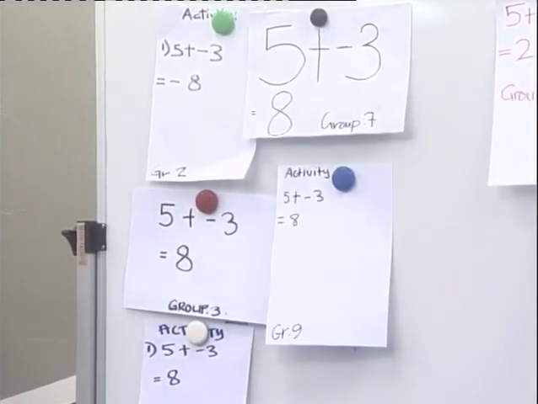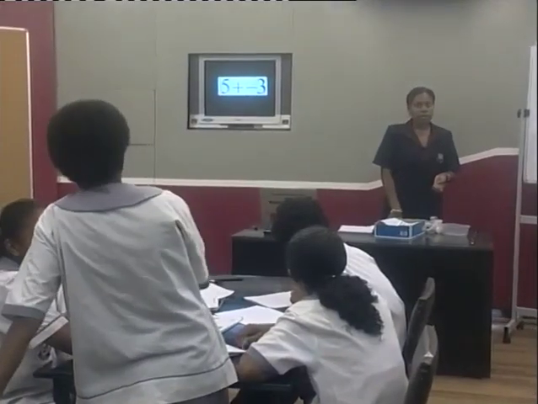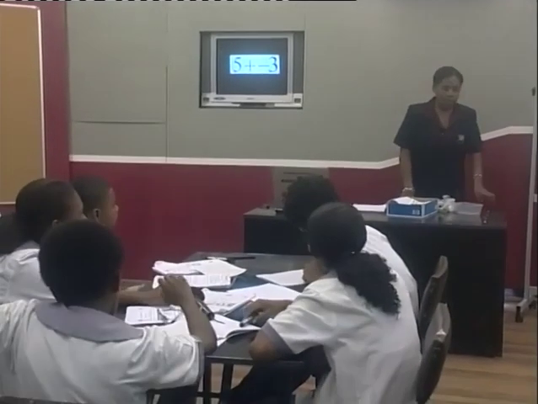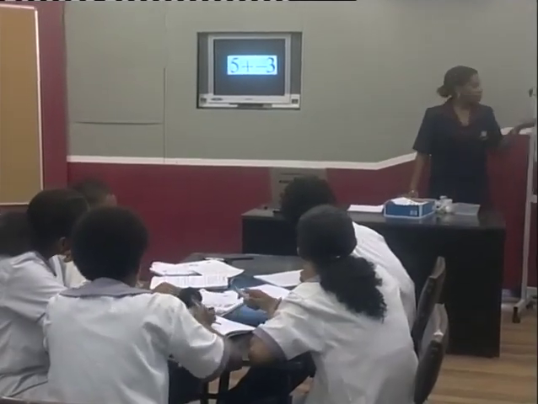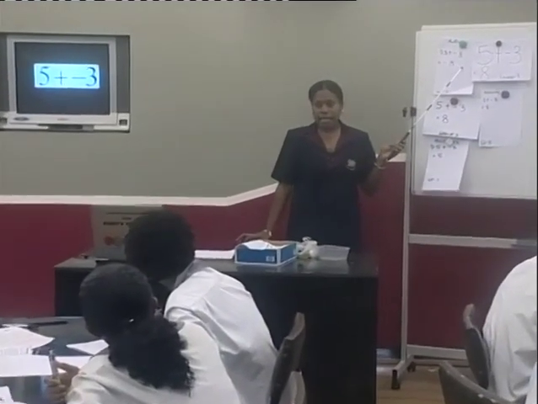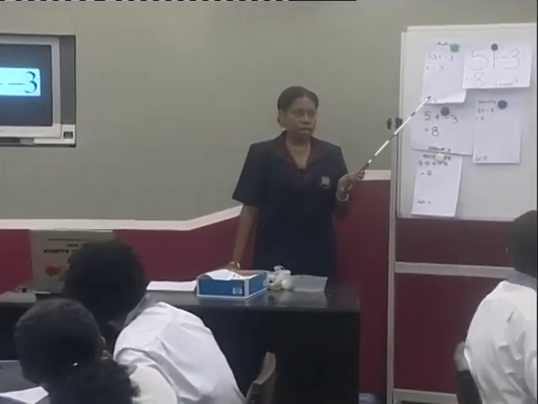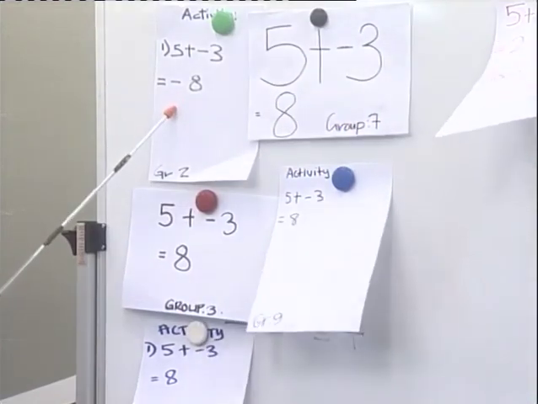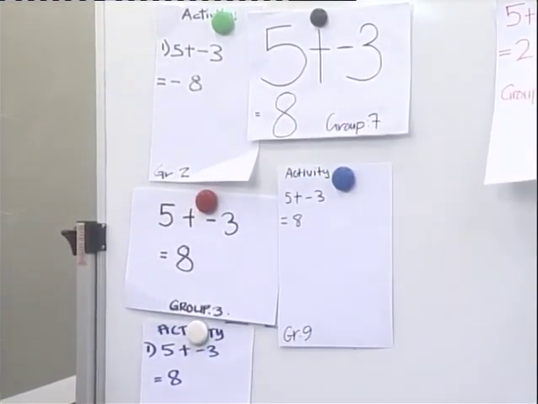We added it and got the sign of the larger number. Oh, okay. So Philippa's group added 5 plus -3, and then they got the sign of the larger number. Did you others do the same, those of you who got 8?